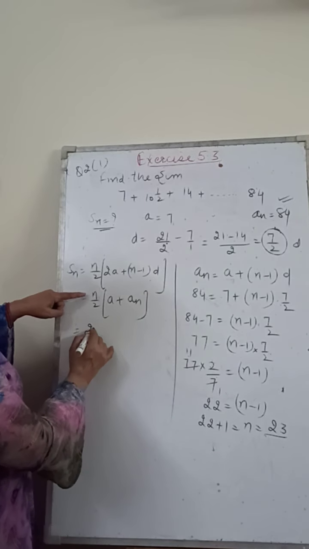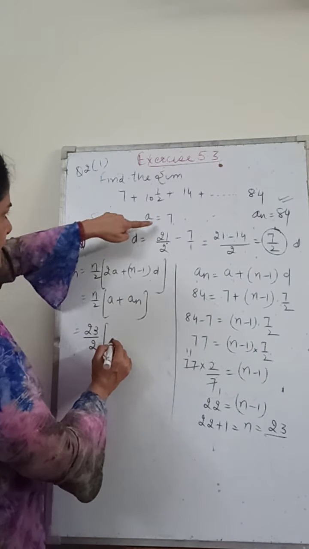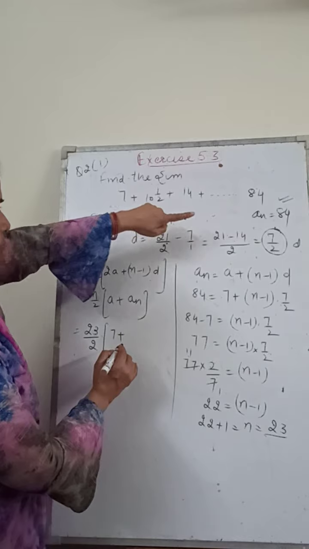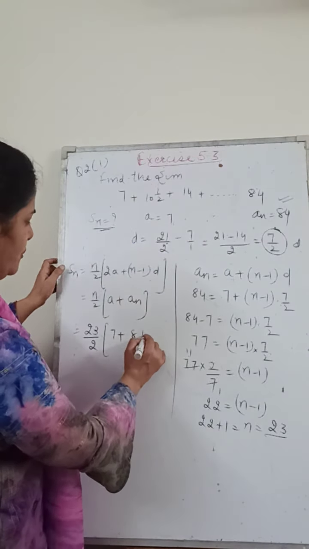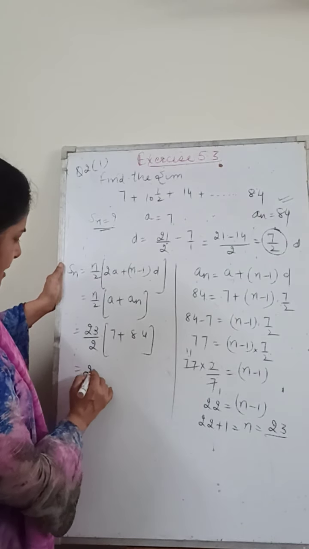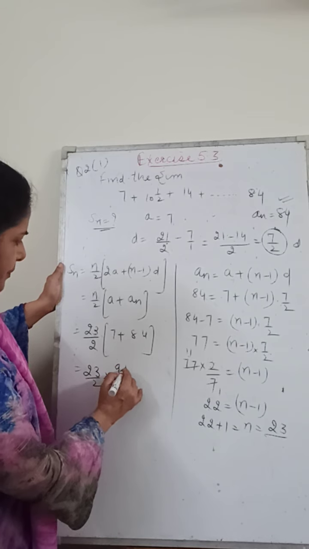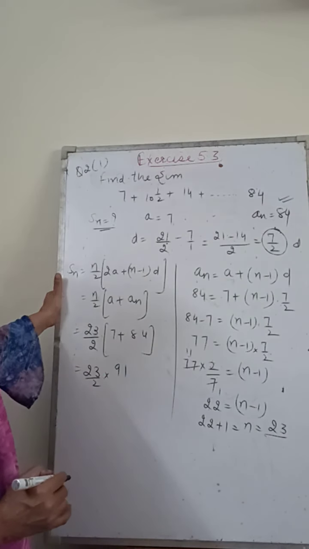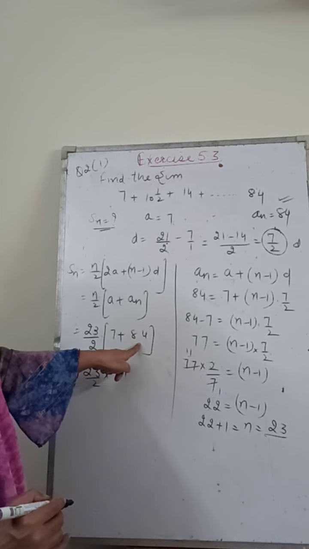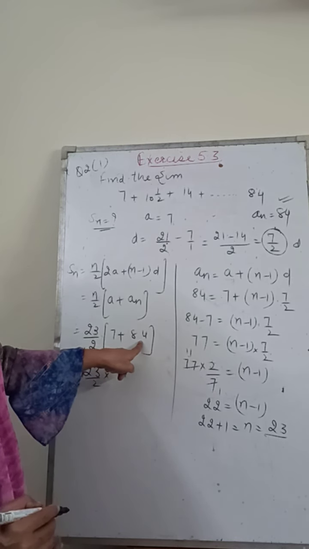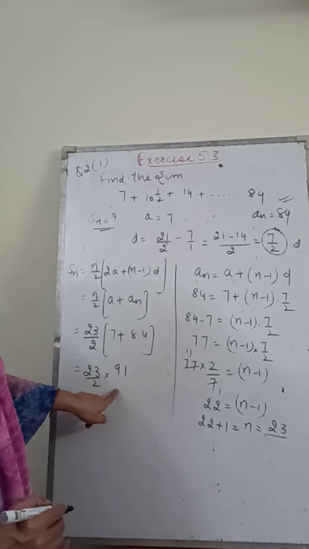What is n? 23 upon 2. What is a? 7. What is an? 84. It is 23 upon 2 into this, which comes out to be 91. 7 plus 84 will come out to be 91.